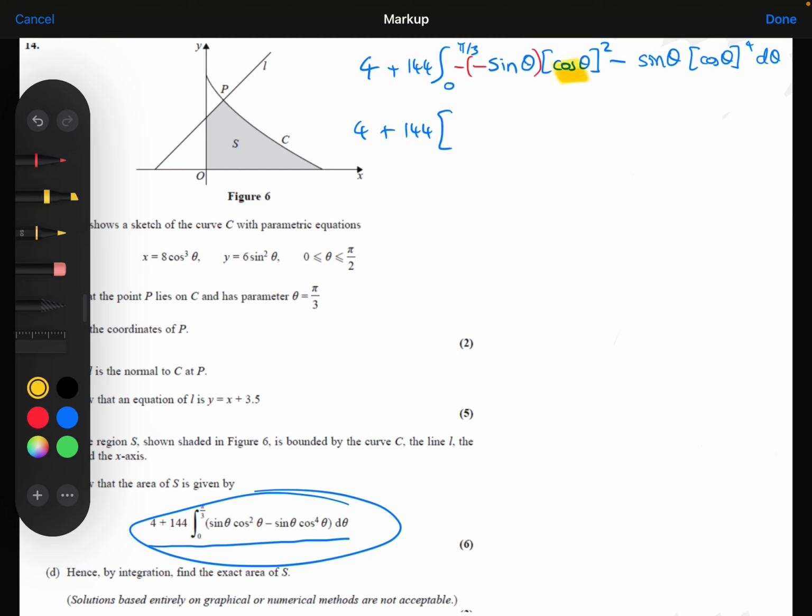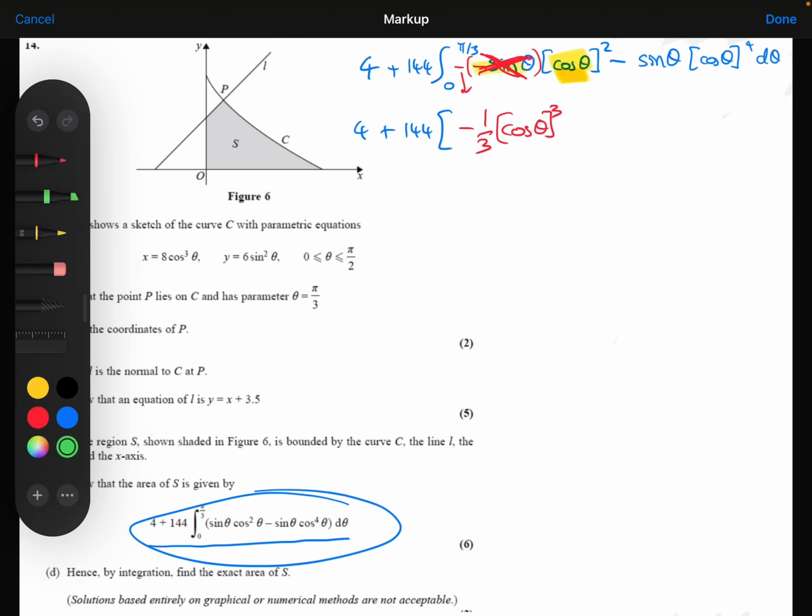I looked at the cos theta on the inside here, and I know that differentiates to be minus sine theta. I didn't have a minus, so I introduced one, as long as I've got this extra minus at the front. That's really good to do because it means I can completely ignore this derivative. I'll still have this minus here. And now I can add 1 to the power and divide by the new power.